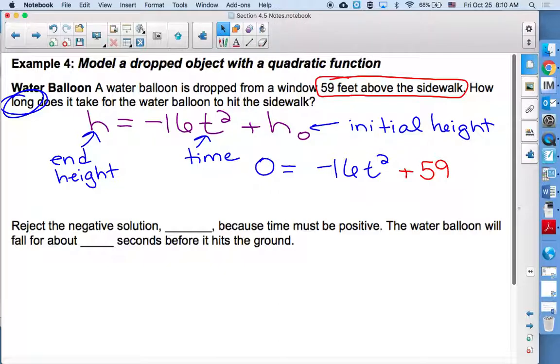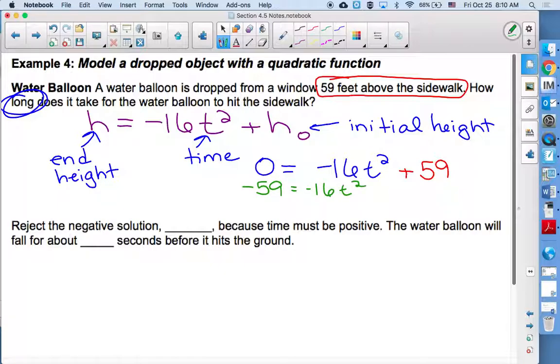How would you solve for t? How do you get t by itself? Sadie, what do you think? Yeah, let's get 59 to the other side. We're trying to isolate the variable. What else? Square root. Before you do that, what else do we have to do to get t squared by itself? What's in front of it? Divide by 16.